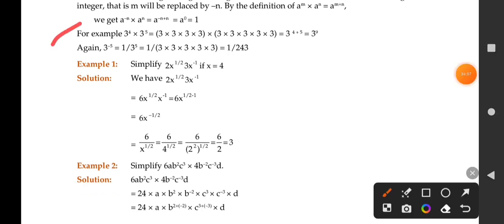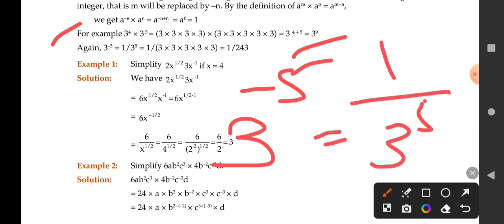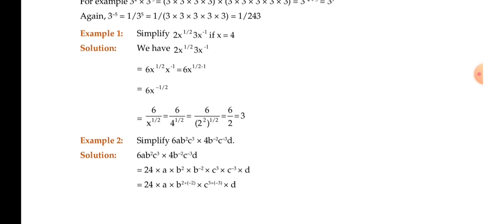Example, 3 raised to 4 into 3 raised to 5 is 3 raised to 4 plus 5, that is 3 to the 9. Again, what does 3 raised to minus 5 mean? It is 1 divided by 3 raised to 5, which is 1 divided by 243.